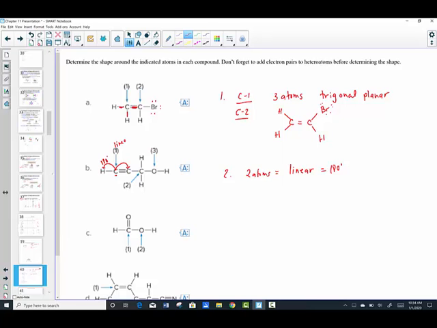Carbon 1 is linear. The second that we're looking at, labeled here, I notice that that carbon is attached to 4 other atoms. So in structure 2 here for this carbon, since it has 4 atoms, we would call that tetrahedral.